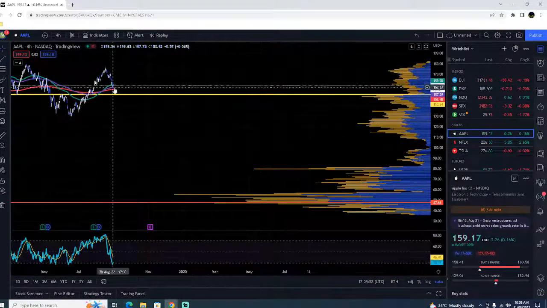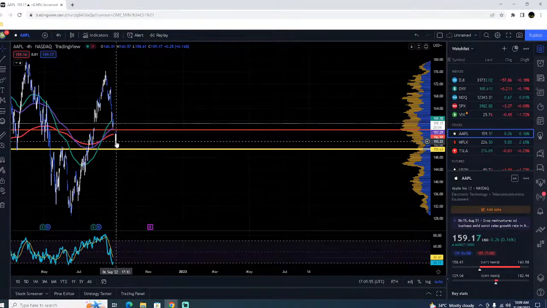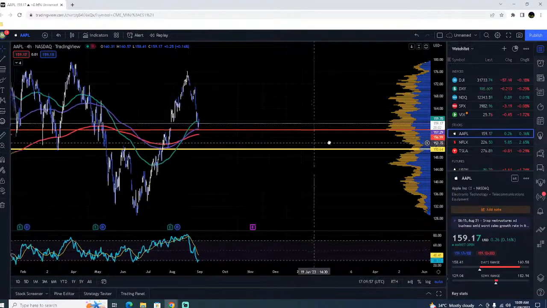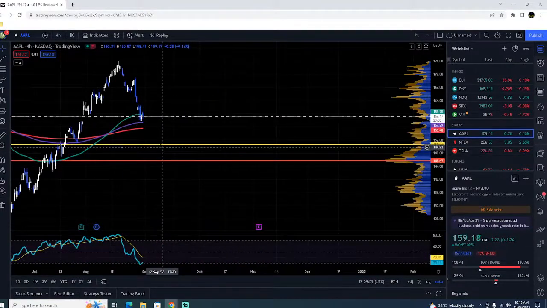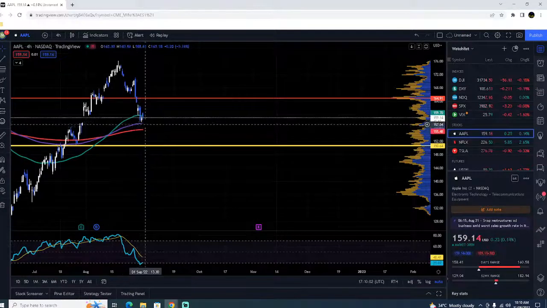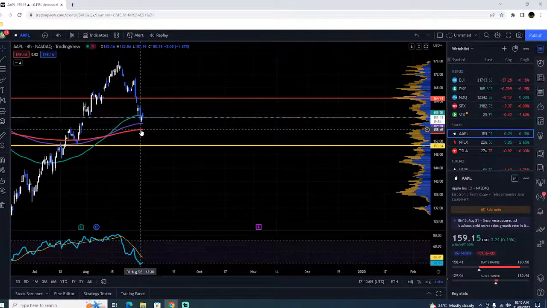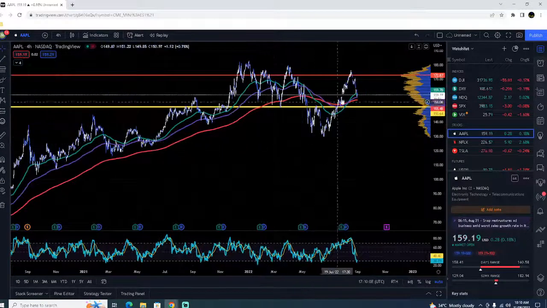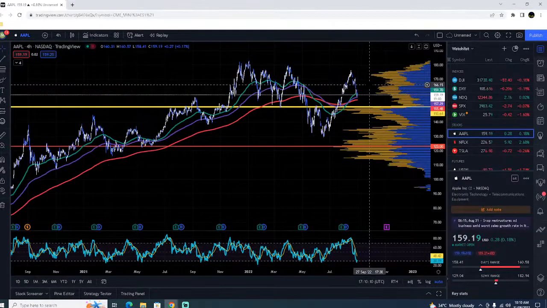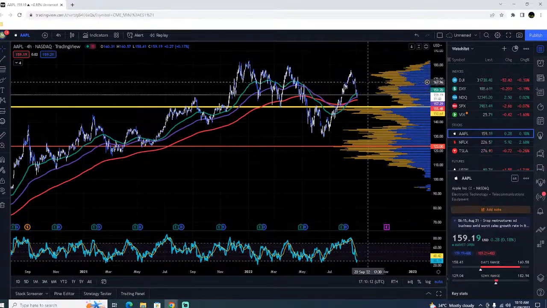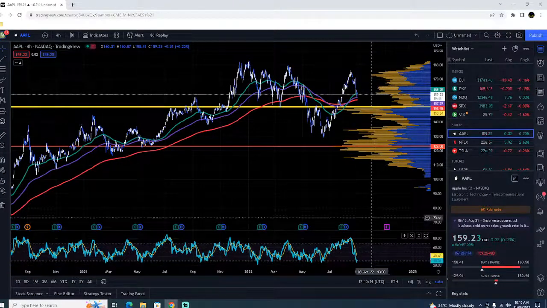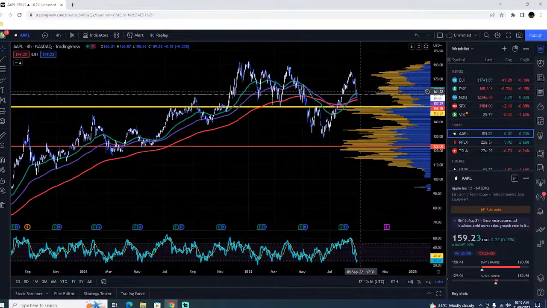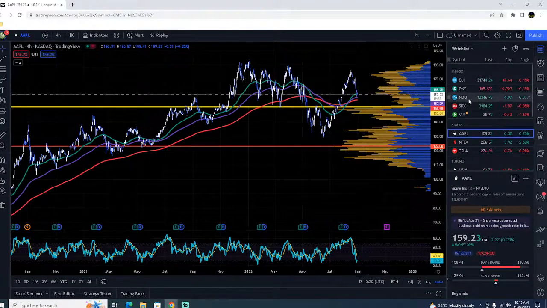So this level of 150 being very important, and currently price is trying to bounce off the moving averages in this region around 155. So it is possible that we see a small bounce of a few days, and then maybe after that we continue downwards. But yeah, in terms of RSI we are at 30, so there is a good chance that if we find some healthy support over here we might continue upwards.